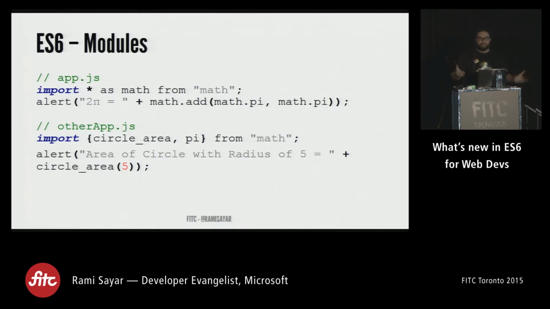And if I wanted to do it again from another file, and I didn't want to import everything, I can actually import something very specific, functions from this module that's being exported. So in this case, I can import the circle area function and pi, all right? And what's neat is that we're also using destructuring here. So we're using this new concept that we introduced in destructuring in the import statements.